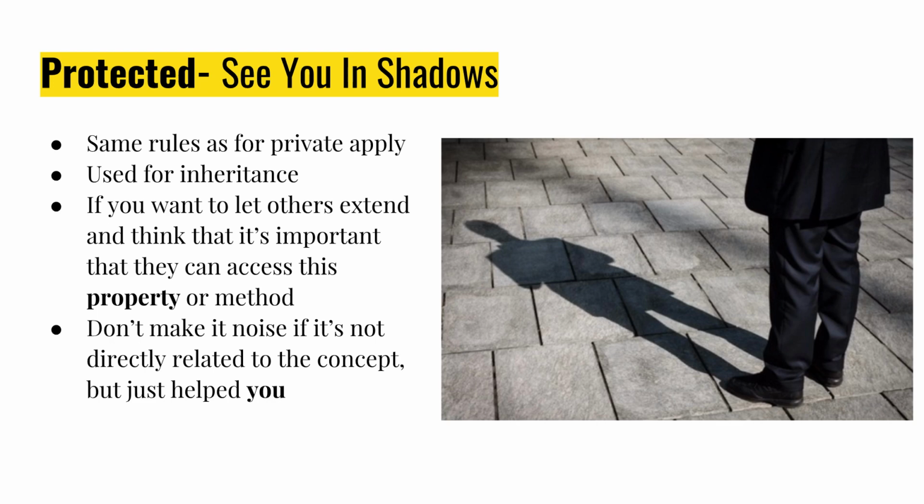And you shouldn't use it if you don't plan something to be inherited, but it doesn't have to be inherited already. Just think about it, and if you think that it can be inherited, make it protected if it's needed in the inheriting class, because otherwise they won't be able to use that private variable.